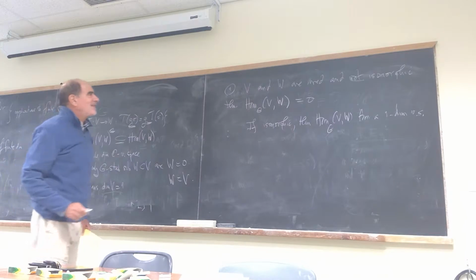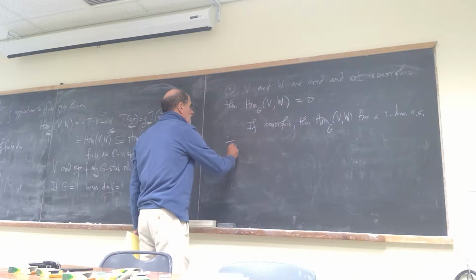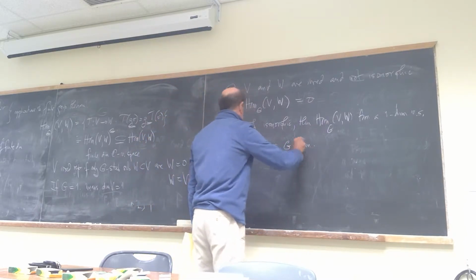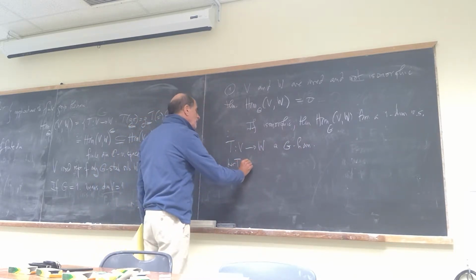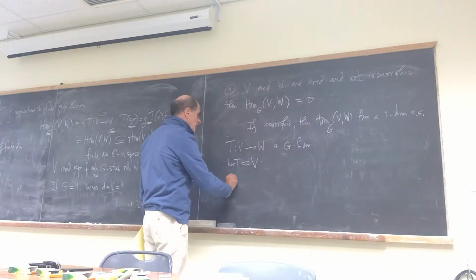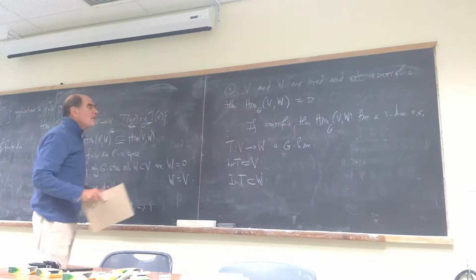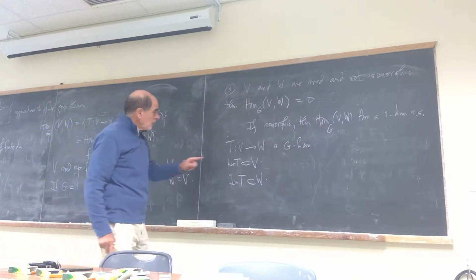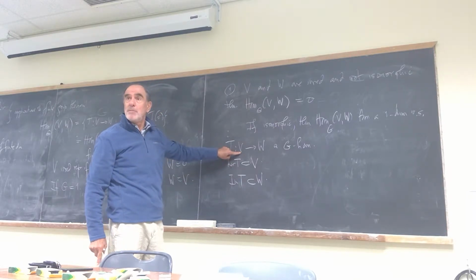So the reason is this. Suppose I had a map between V and W, a G homomorphism. Okay, well, the kernel of T is a G subspace of V, and the image of T is a G subspace of W. Now, V and W are both irreducible. The kernel of T is either 0 or all of V. If it were 0, that injects V into W, right?